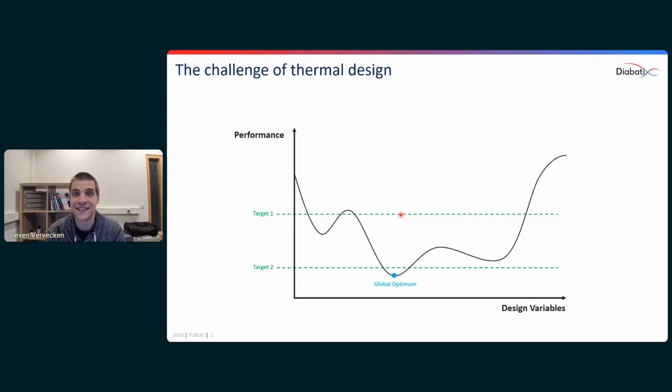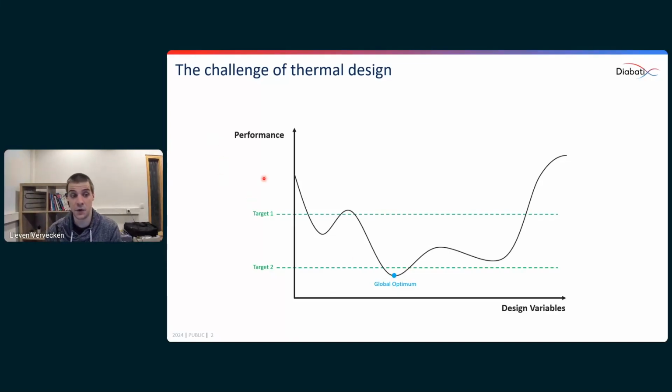In reality, the thermal requirements are most often relatively strict, represented by target 2, meaning that only a small set of designs can potentially meet them. And then we have to find the global optimum.